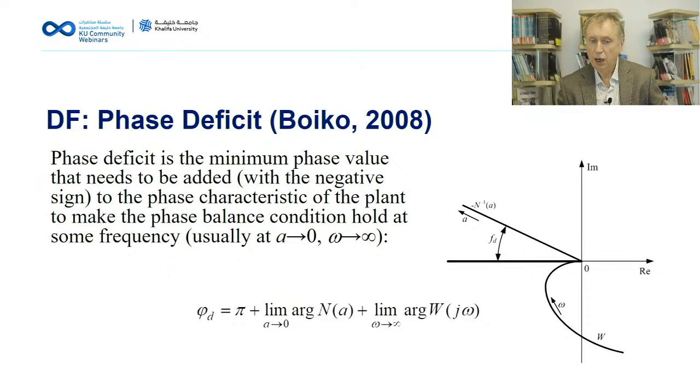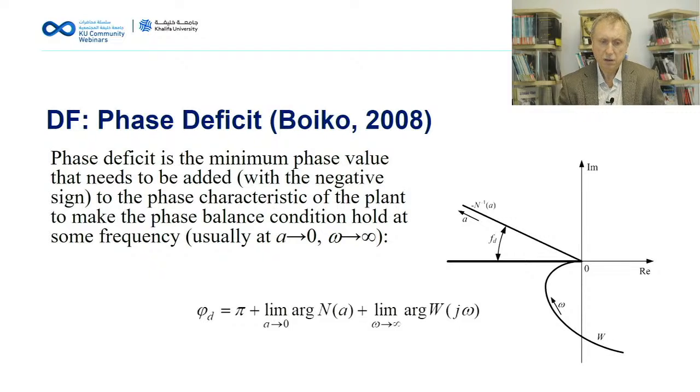So the higher this angle would be, the faster this convergence would be, and the convergence would always be finite time if this angle is positive. So this angle is what was named as phase deficit. Phase deficit.